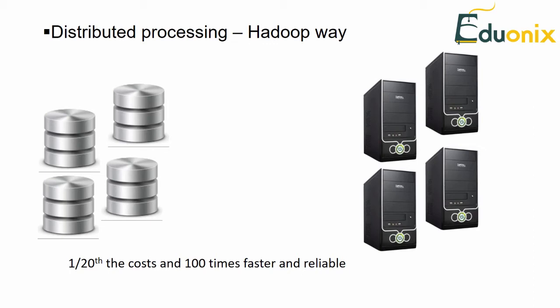It is easy to upgrade and resilience is improved due to the presence of discrete multiple systems. I assume you have now understood the differences between vertical and horizontal scalability, which is the base of our big data course. Let's now talk about Hadoop, which is this distributed processing system.